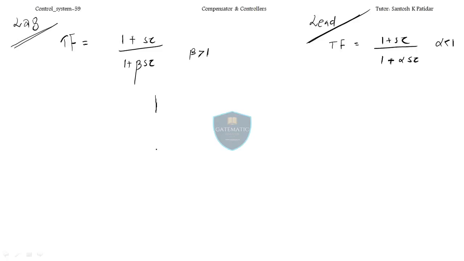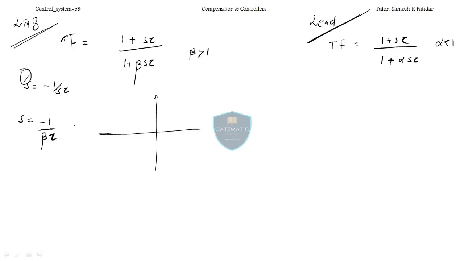So when you draw this and check the pole and 0 locations on the plane, the 0 is at minus 1 by tau. And what about the pole? The pole is at minus 1 by beta tau, and as I told you, this beta is greater than 1. Let's suppose it is 2, so minus 1 by 2 tau becomes minus 0.5 by tau, and the 0 is at minus 1 by tau.